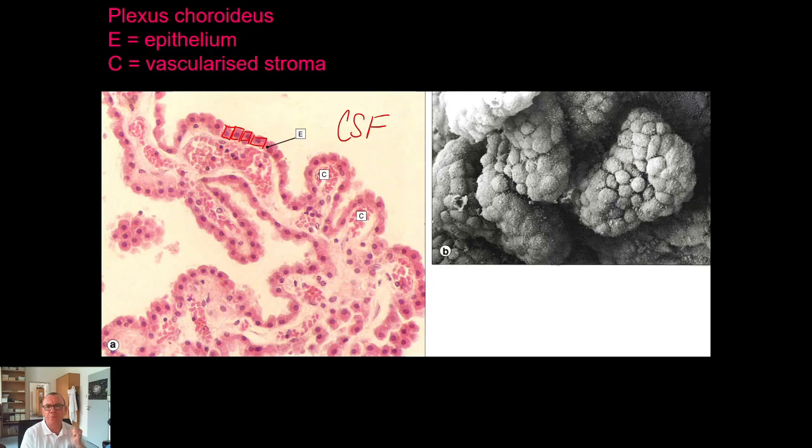Cerebrospinal fluid should normally not contain many proteins. Proteins are not secreted by cells of the choroid plexus, so it's more ion and water transport.